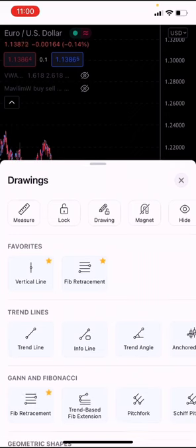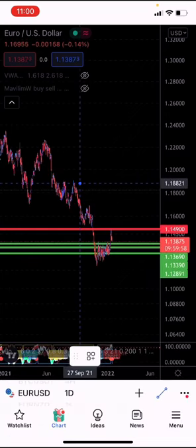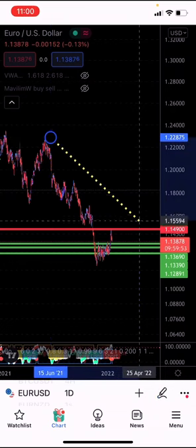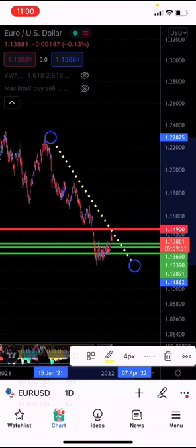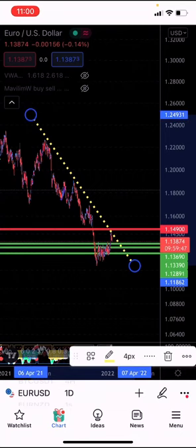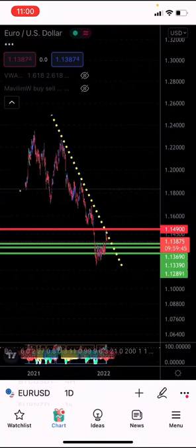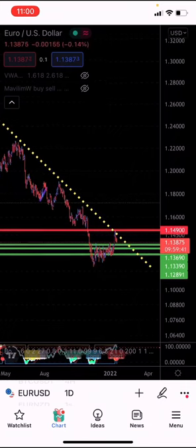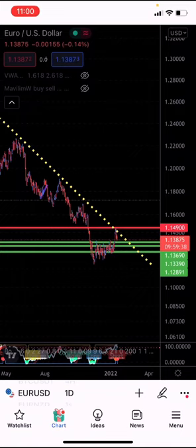So let's mark that up with a trend line. I'm on my phone, so it's hard to get it exact, but we've got a bit of a price channel happening in here, and you can see that that yellow line is a point of resistance.